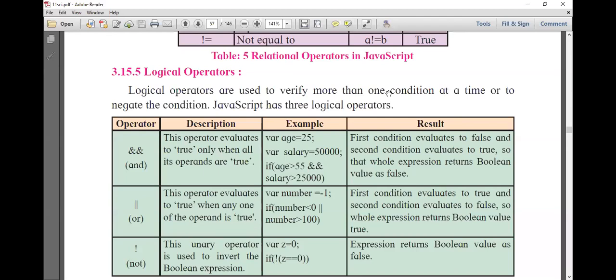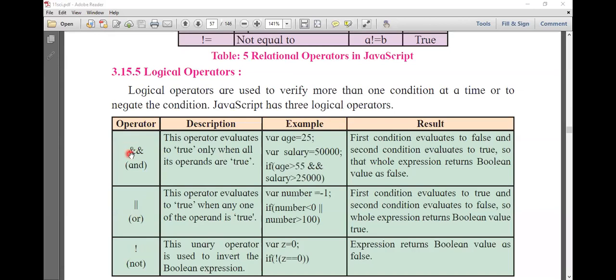There are a total of three logical operators. Ampersand ampersand means AND operator, two vertical lines mean OR operator, and exclamatory mark means NOT operator.